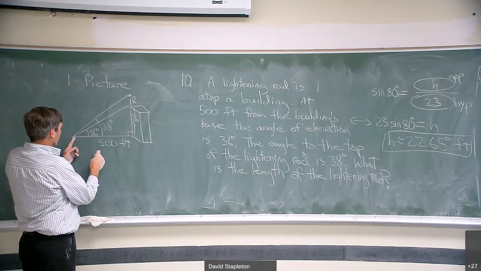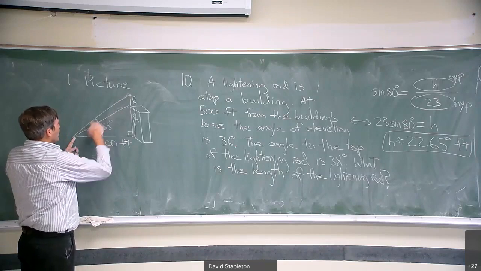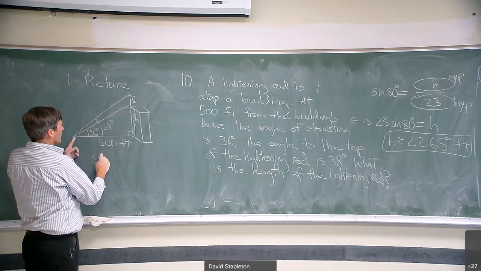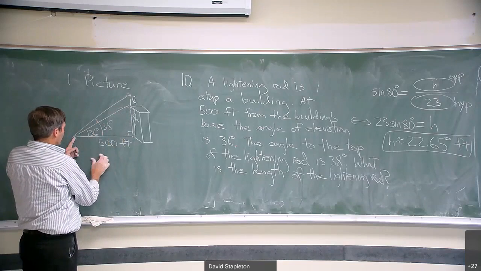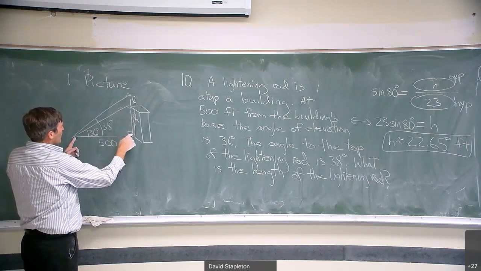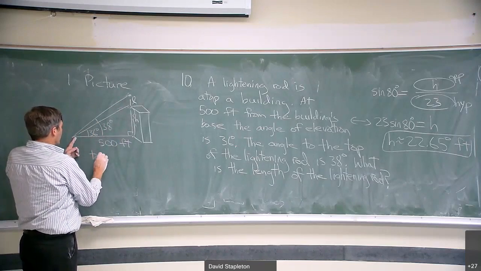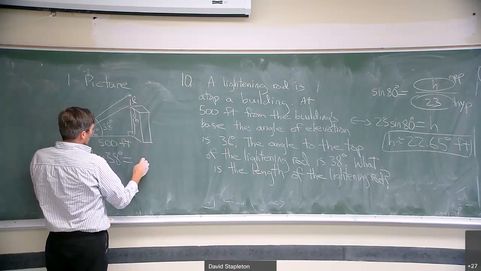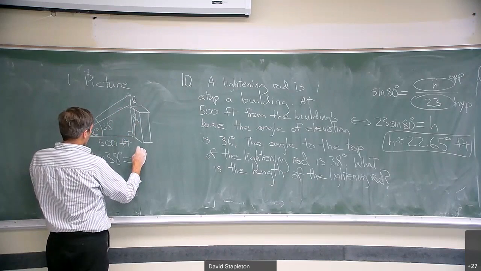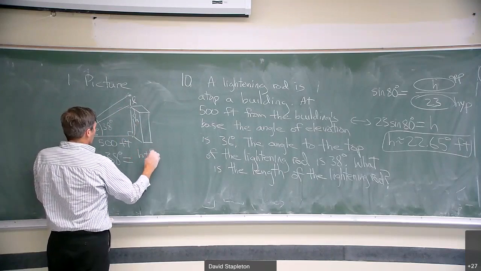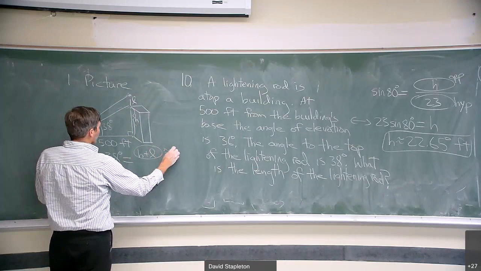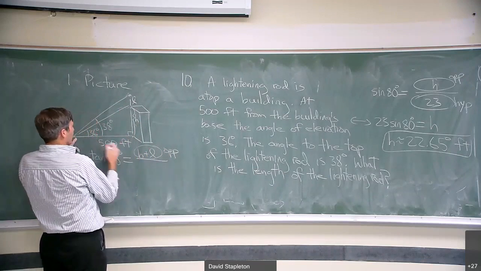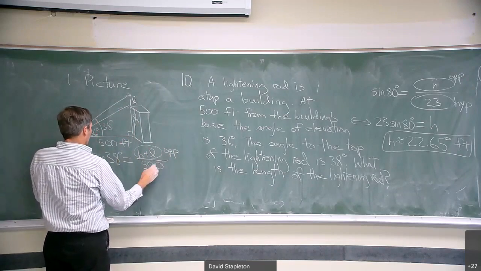I'll say, first for the big triangle, the tangent I'm going to use because it's opposite over adjacent. Tangent of 38 degrees is h plus L, the length of this side. That's the opposite side of 38 degrees, divided by the adjacent 500. All right?